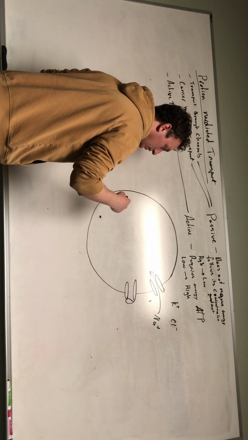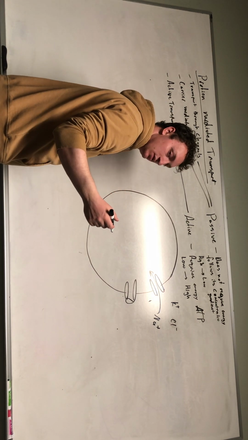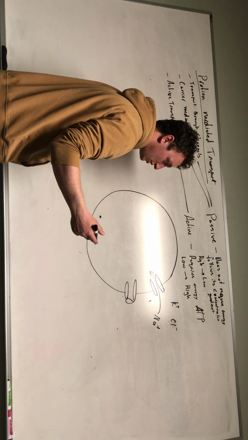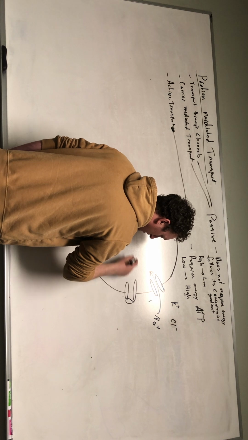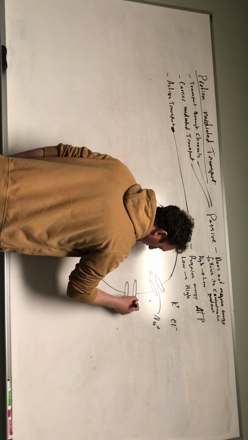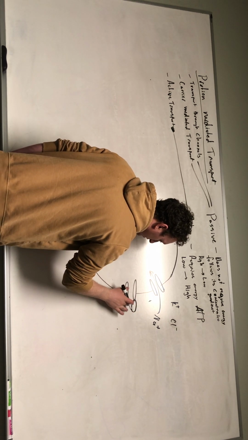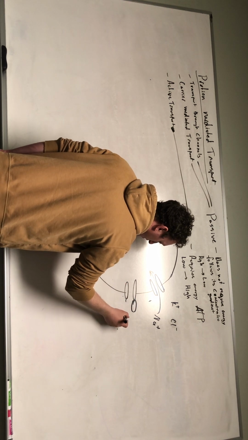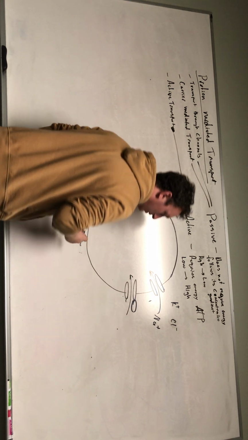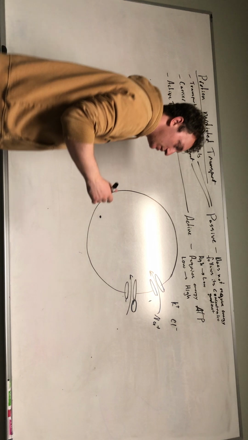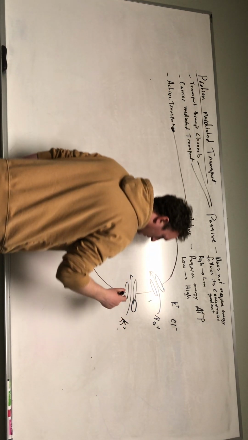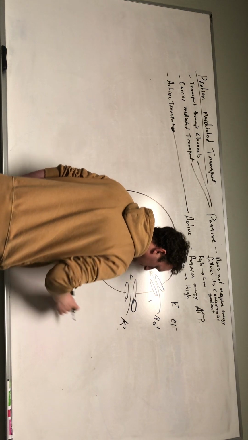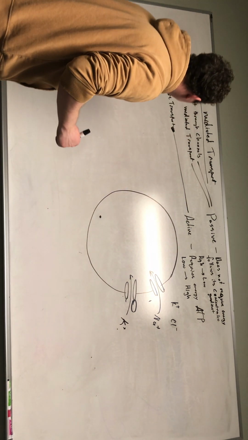This one has to do with pressure, not necessarily charge. When the pressure becomes enough inside the cell, this will open like that, and then you'll be able to get ions coming through. Again, it is specific, so if it's for potassium, only potassium will be able to get through.